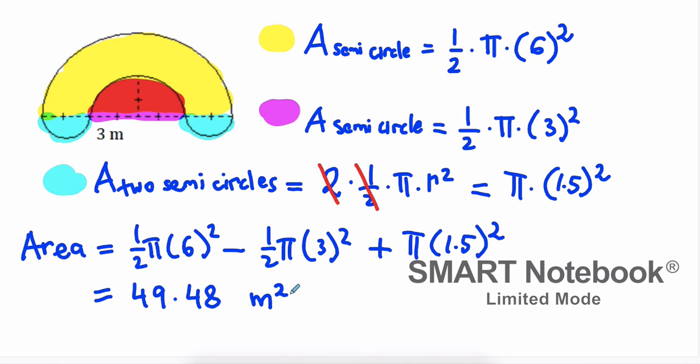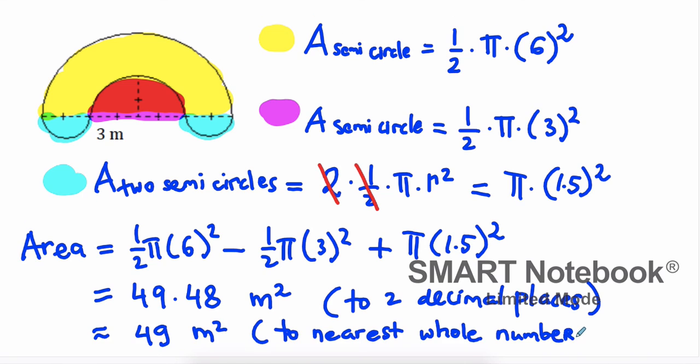So 49.48 meters squared to 2 decimal places. Or you can say 49 meters squared to the nearest whole number.